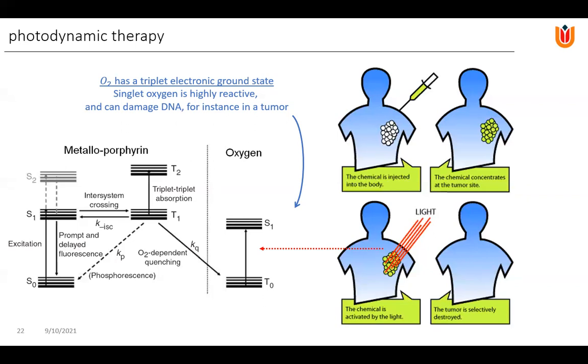Because of the way these tumors are organized, they don't care about how good the vessels are, they just need a lot of vessels. That also means that they're very leaky. So whatever you inject in the body will end up in the tumor with some kind of preference.